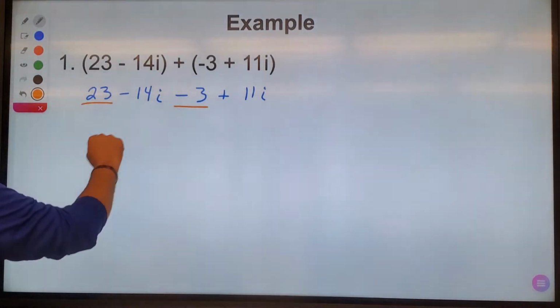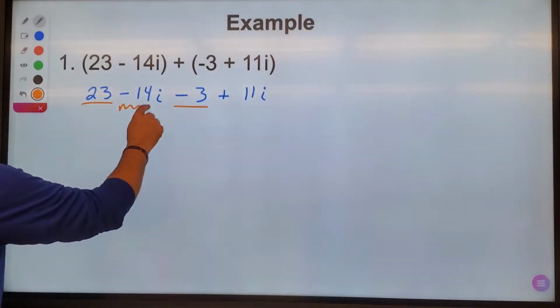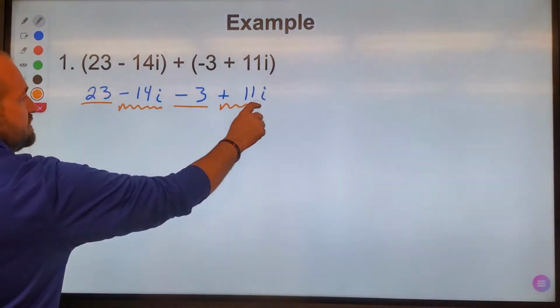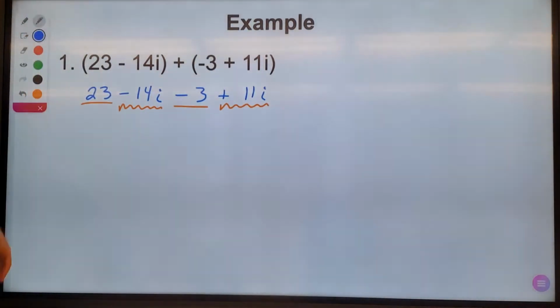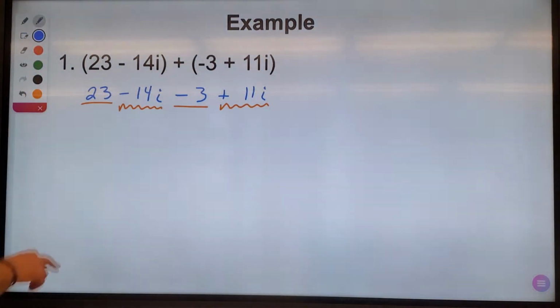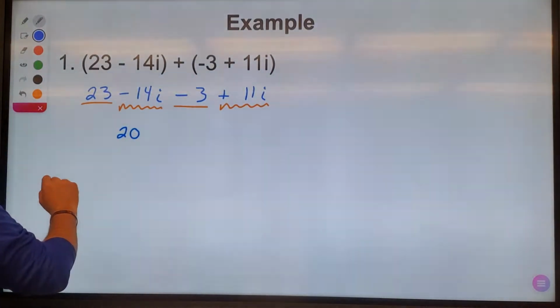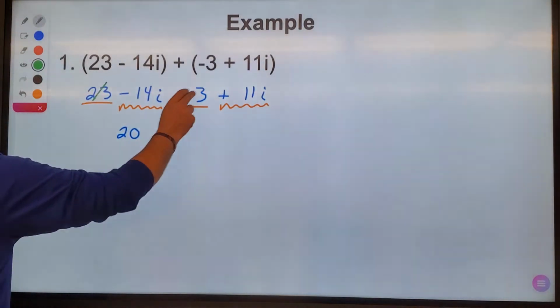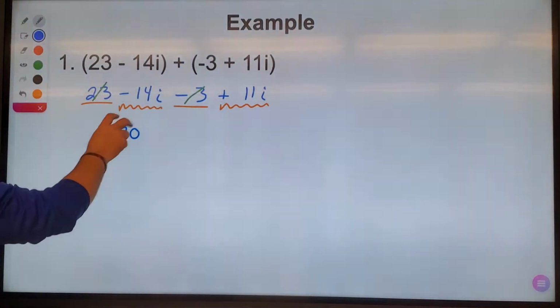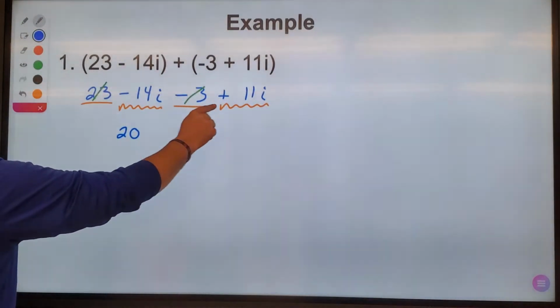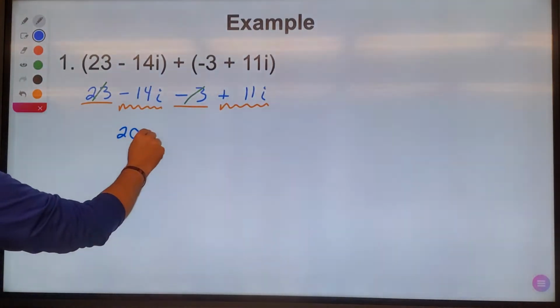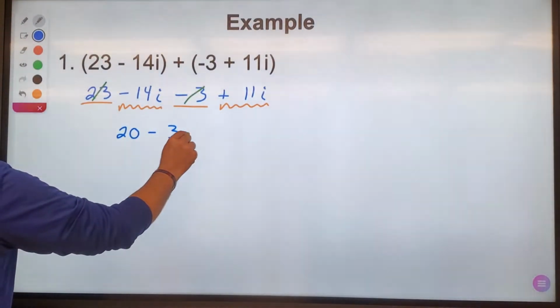So 23 and -3, -14i and positive 11i. And again, we're going to combine things. So we have 23 minus 3 is 20. And then -14i plus 11i is -3i.